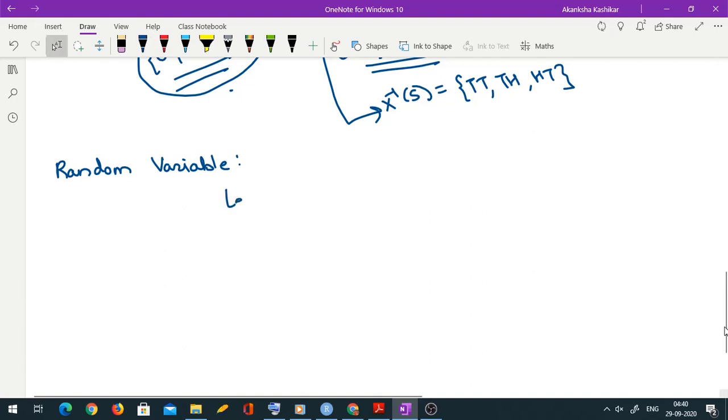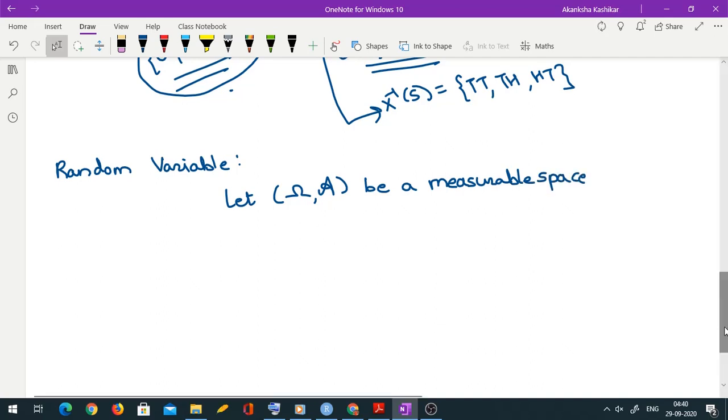So let (omega, script A) be a measurable space, meaning you can define a measure on it, and basically you can define a probability measure on it. And (R, script B) be another measurable space.